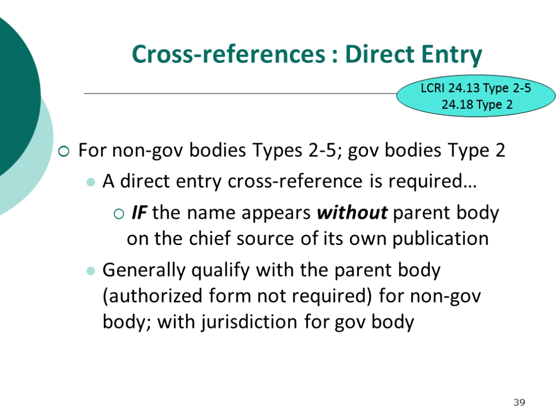So if you have a name that belongs to one of those types, and the name of the parent body is not with the name of the subordinate body that you are setting up, the rule calls for a cross-reference entered directly. And usually we qualify with a parent body, whether it's a jurisdiction for government or organization for non-government.